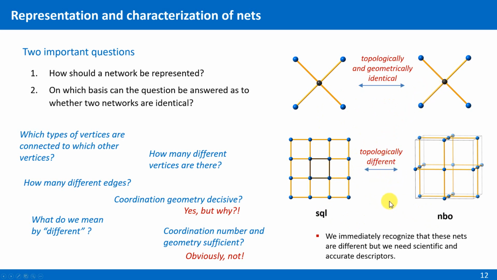We see this, we recognize this immediately, but the question is, as stated before, how can we describe this in a more scientific and accurate way? In which way are they different? Okay, we will come back to this question, but first let's look at how we turn our frameworks into networks.